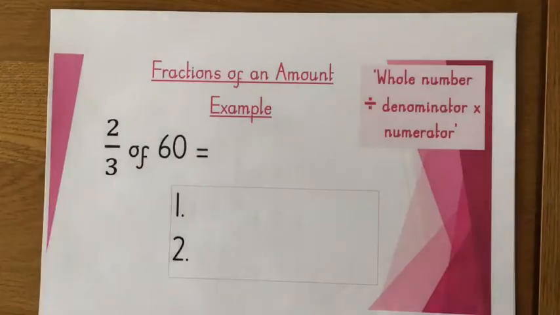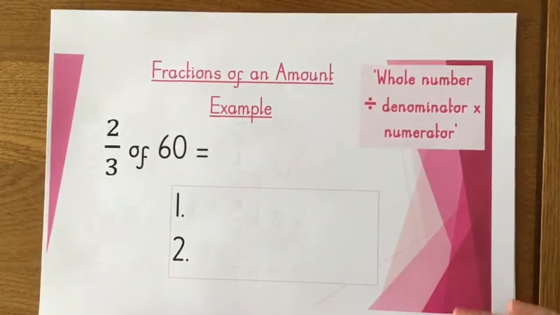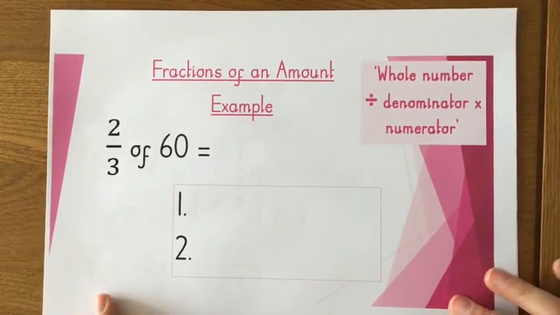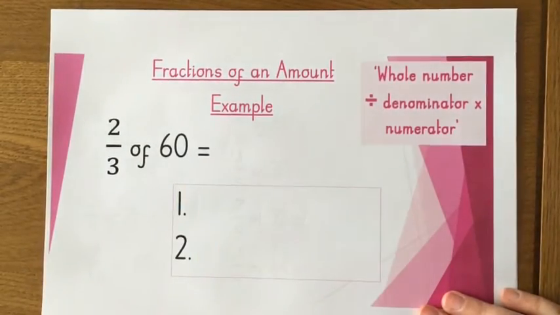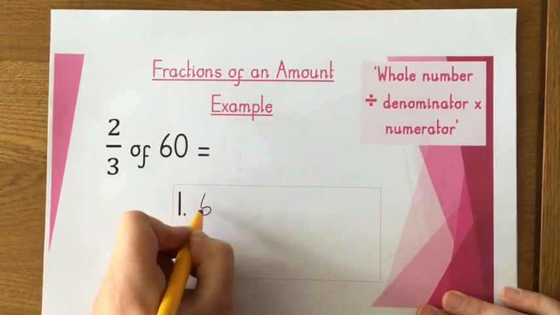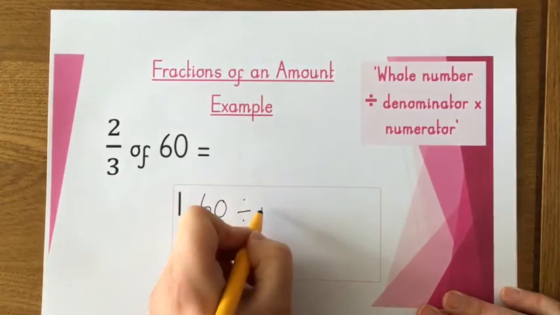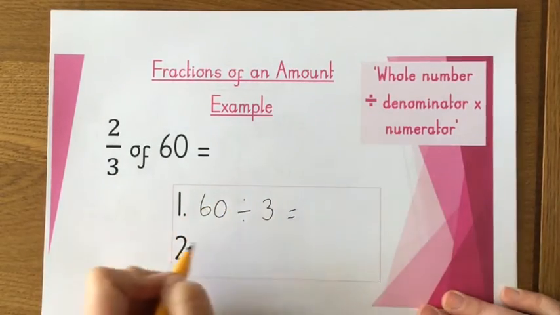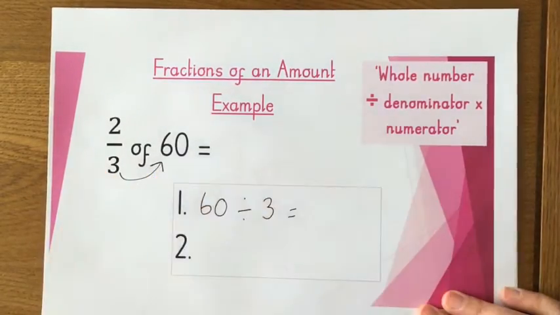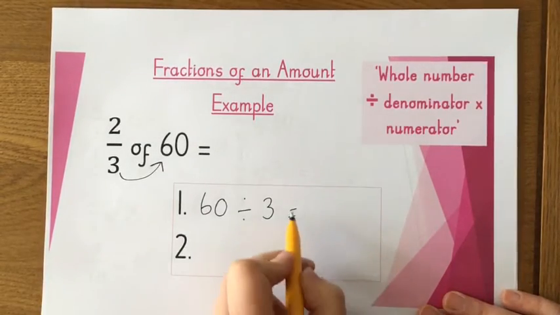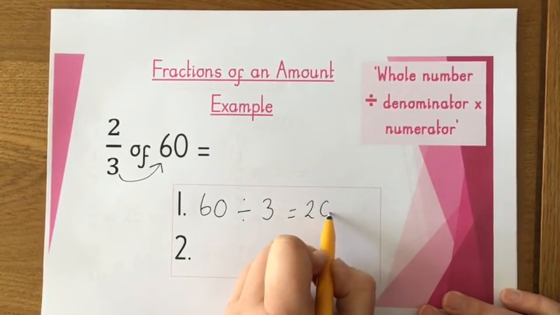Right. Let's do one more and then you can have a practice yourselves. 2/3 of 60. So whole number divided by my denominator. So how many 3s are in 60? 60 divided by 3 is 20.